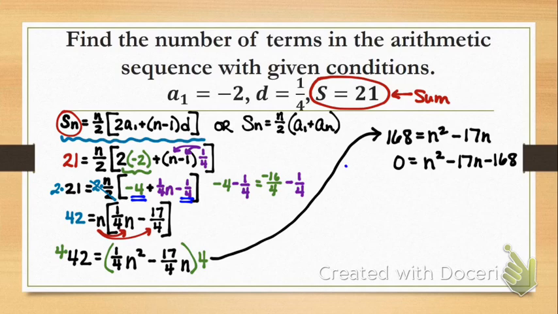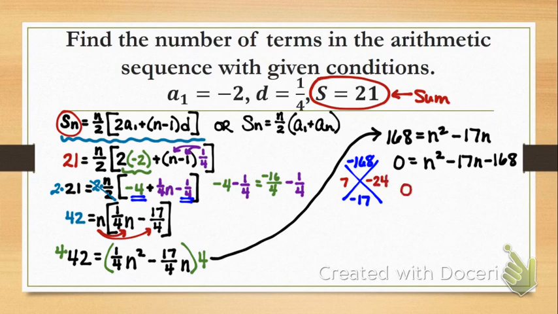Gonna need to factor this. Two numbers that multiply to negative 168, but add to negative 17. So 7 and 24, 7 and negative 24.